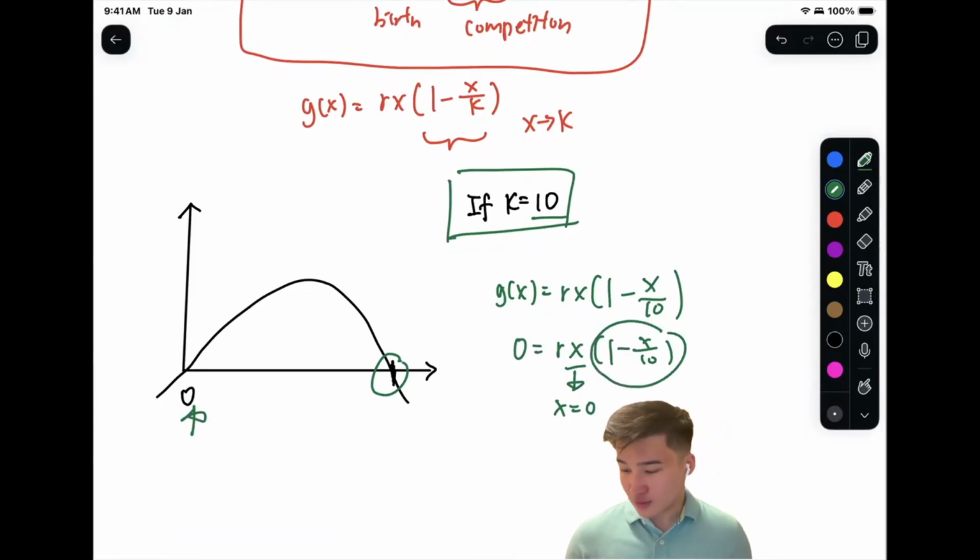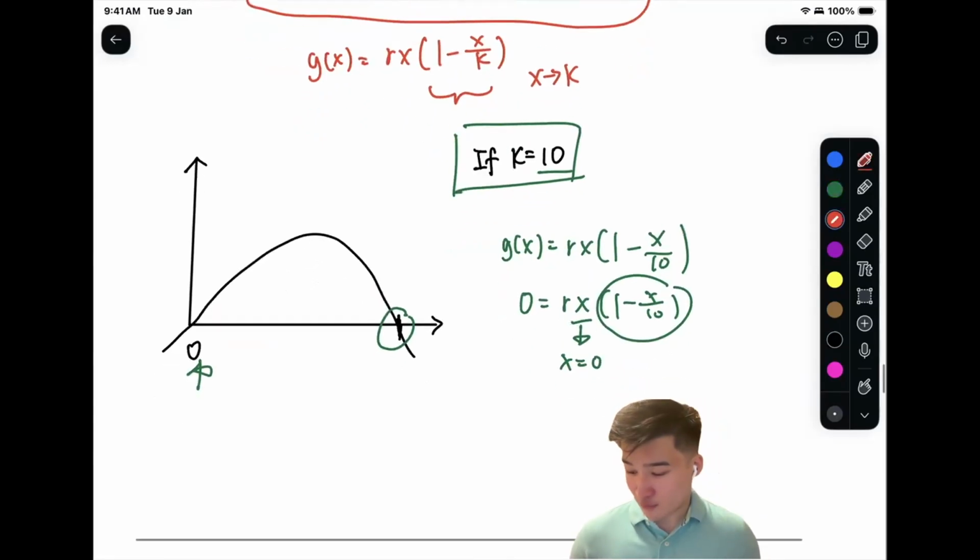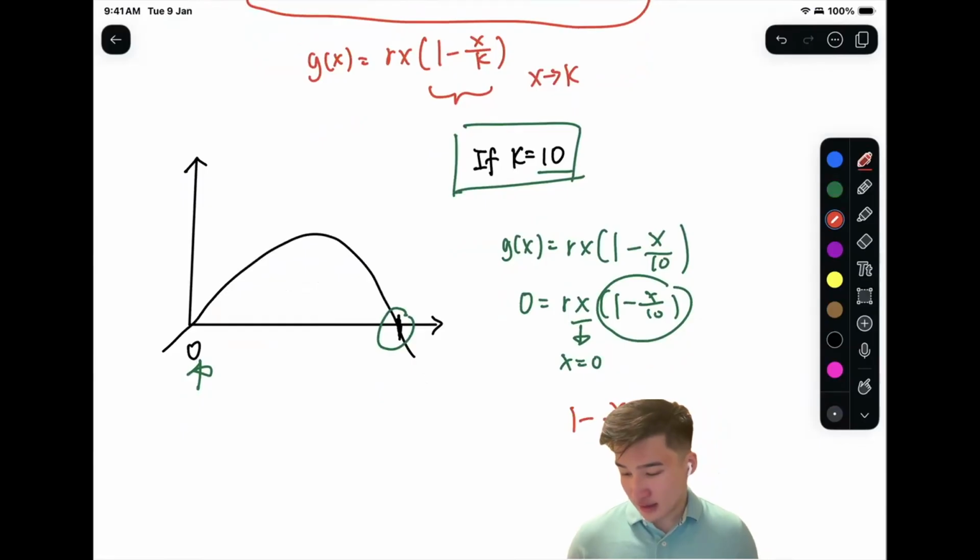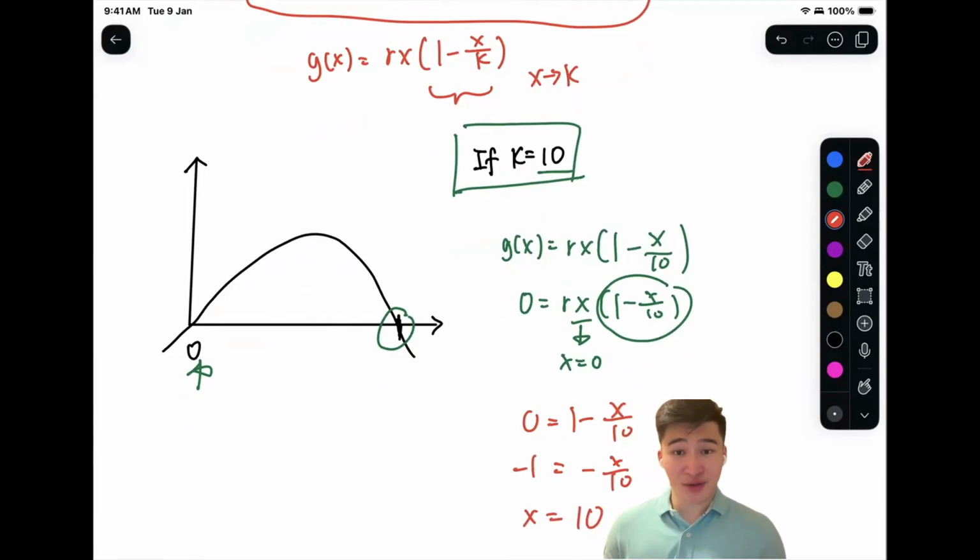Now we want to worry about this one. I'm going to use a different pen. So we have 1 minus x over 10 equals 0. Here we do some manipulation, we find negative 1 equals negative x over 10, and so x eventually is going to be 10, which is also our k. So we can see that our x-intercept is actually our carrying capacity k.